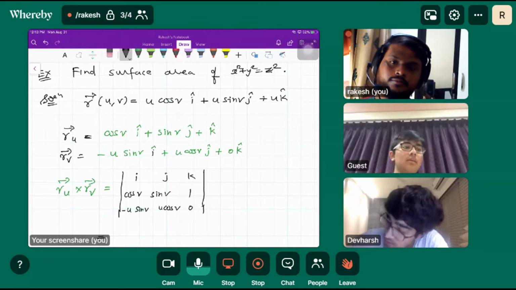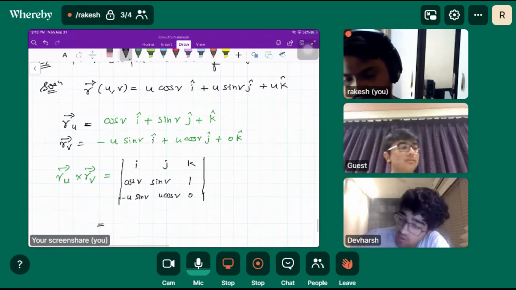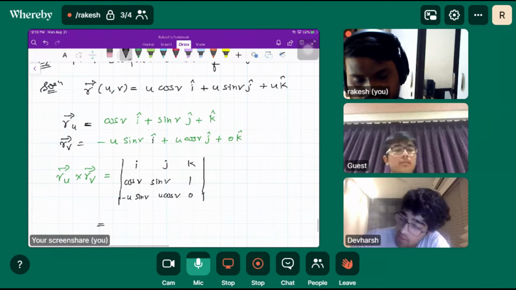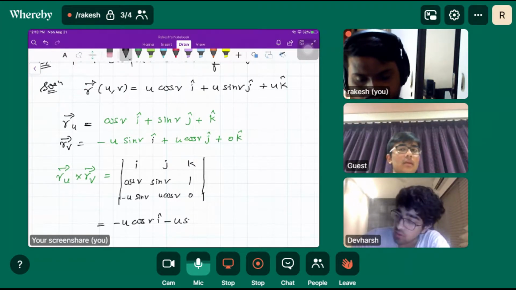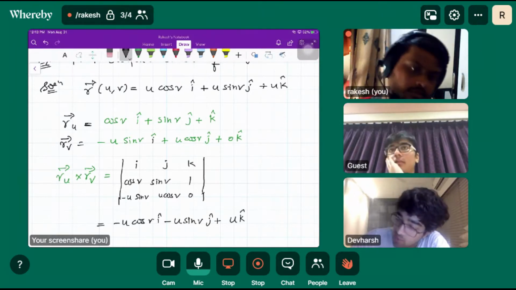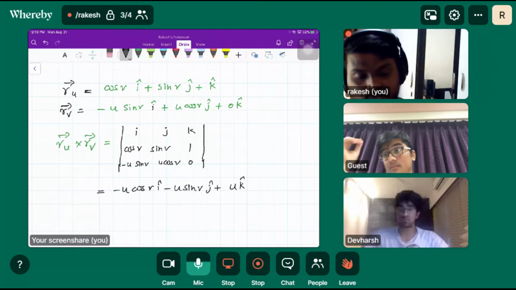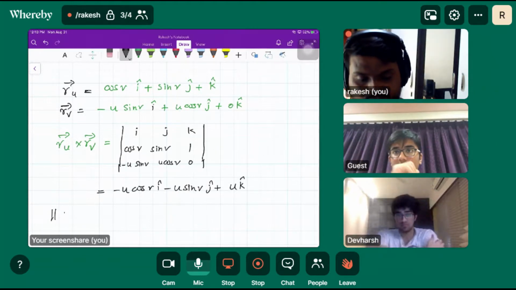When you simplify, you get minus u cos v i cap minus u sin v j cap plus u k cap. Perfect. So now we'll find out the magnitude of this.